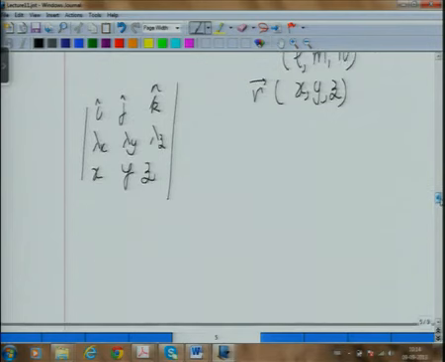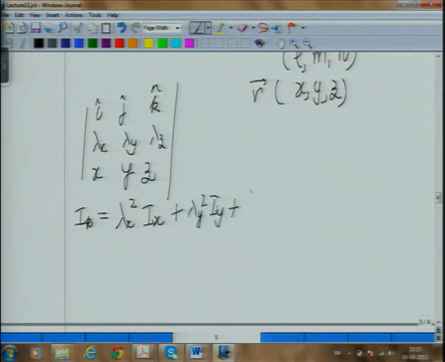Once you go through this, what we got was I about the k axis is equal to lambda x square Ix plus lambda y square Iy plus lambda z square Iz.